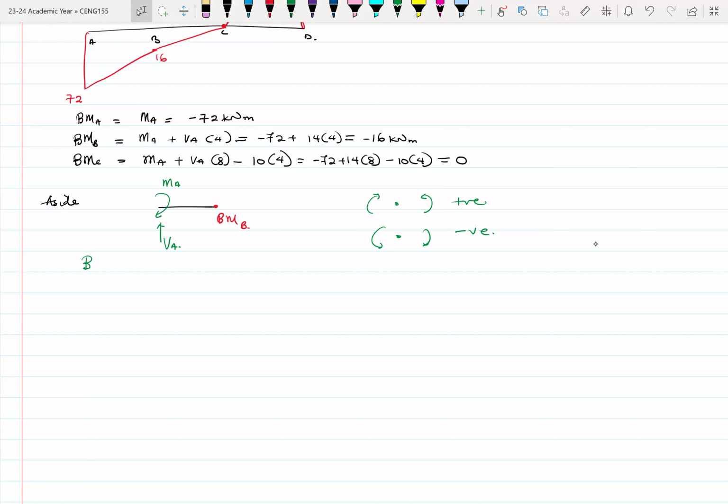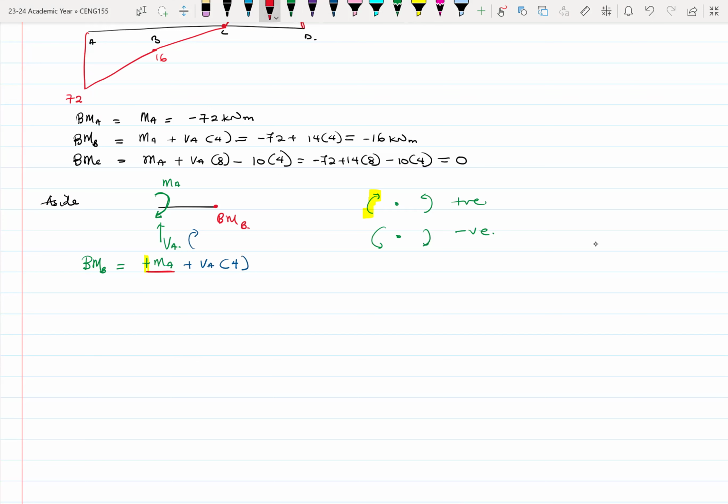So the bending moment at B will be equal to... Now let's look at this direction, it's a clockwise direction, and it's on the left. So it's the same as this one over here, so it's supposed to be positive. So it becomes plus MA. Then the moment caused by VA about B would also be clockwise, so plus VA times the distance.